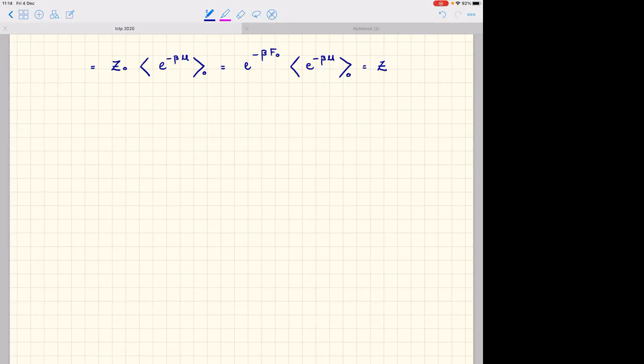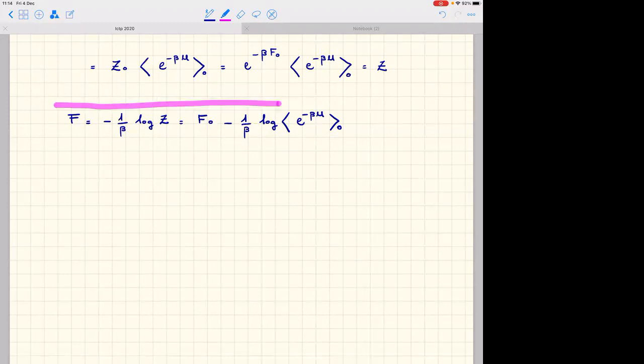In other words, what we need to compute is F, the free energy, which is minus 1 over beta log of Z, and which is going to be equal to F naught minus 1 over beta, the log of the average of e to the minus beta u naught. This is what I need to compute.